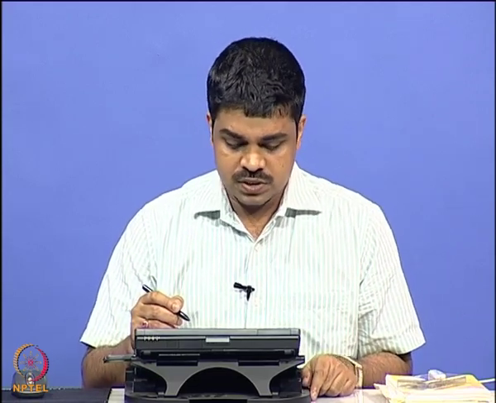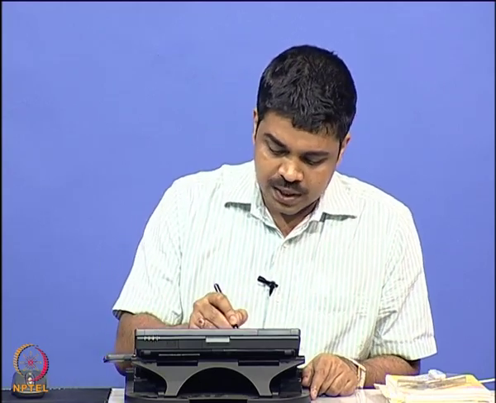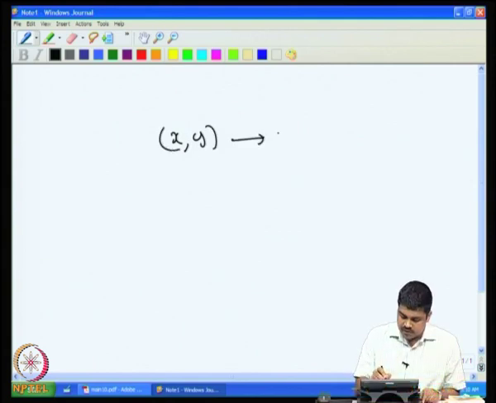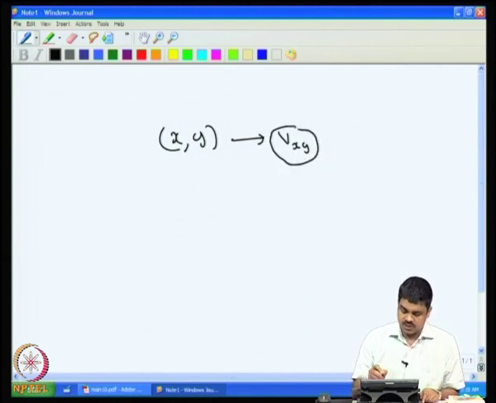So the idea was to observe that if each edge, say xy, is contracted and we get this vertex vxy, and it so happens that the resulting graph is not 3 connected, that means there exists a separator of cardinality 2 in it, and that separator should definitely contain vxy. We have already explained why this should be true in the last class, and there should be one more vertex in it.